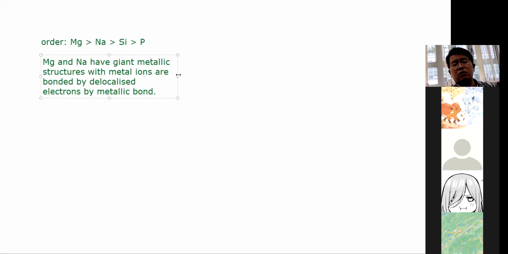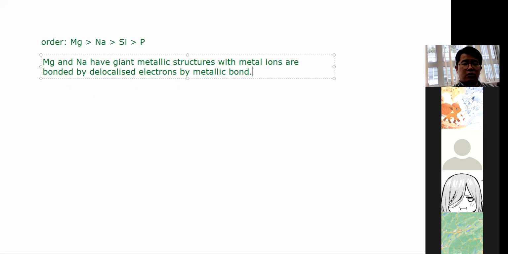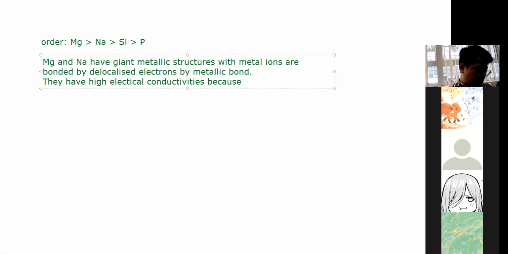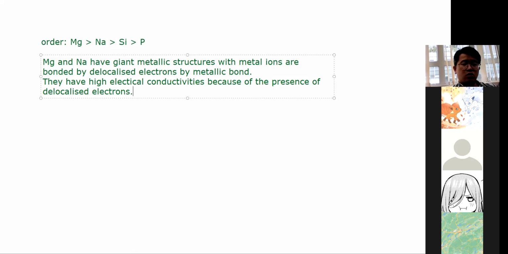So we focus on the metallic bond, the delocalized electrons. So they have high electrical conductivity because of the presence of delocalized electrons. All right, so this is the sentence for you to compare.